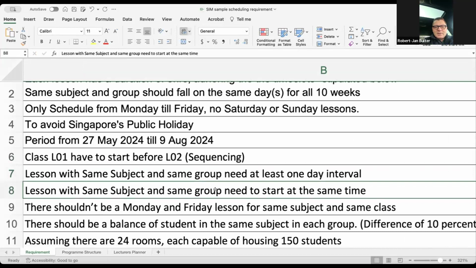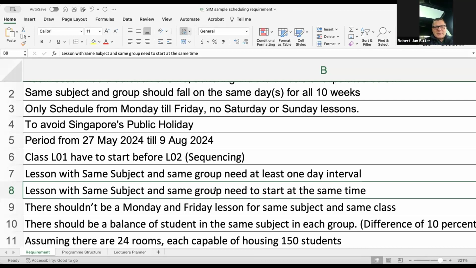Then there shouldn't be a Monday and Friday lesson for the same subject of the same class, so you do not want to have too much time in between. So it's the reverse of padding, actually. That's something we need to look into because I don't see a straightforward solution for that. But let's see.